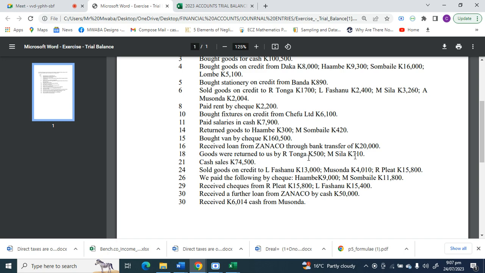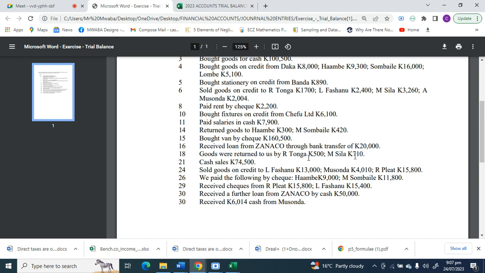Yes. So here we're dealing with return inwards. Return inwards is when people bring goods back to you. Return inwards is a contra revenue account. Remember, when you start your trading account, you start with sales revenue, then you say let's return inwards.